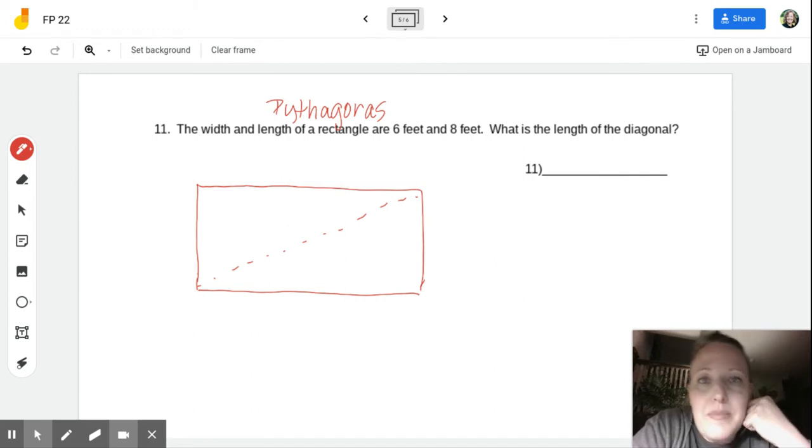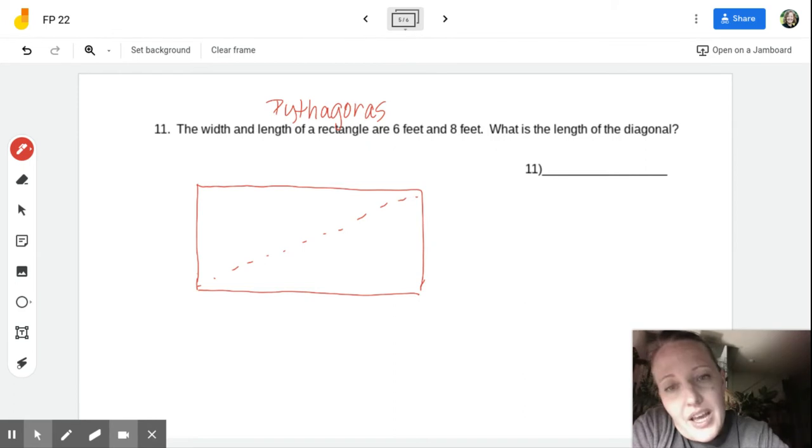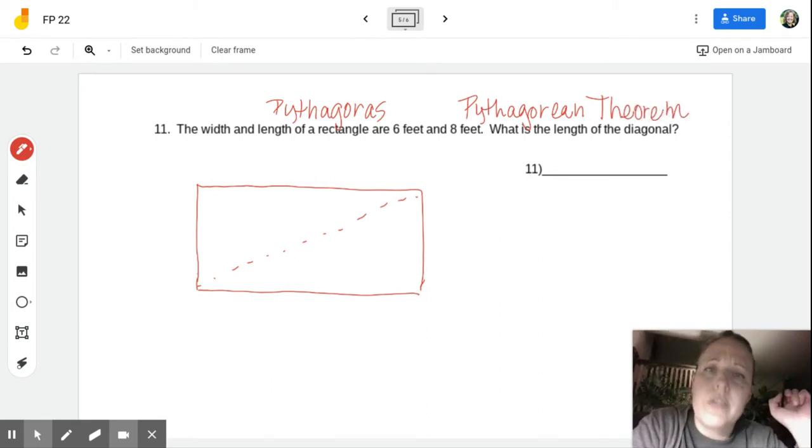And he came up with this concept, and it is now called the Pythagorean theorem. And a theorem is something that you can hear the word theory in it.